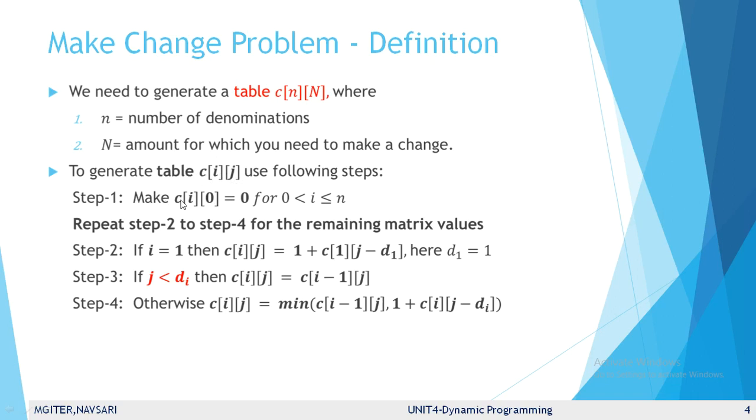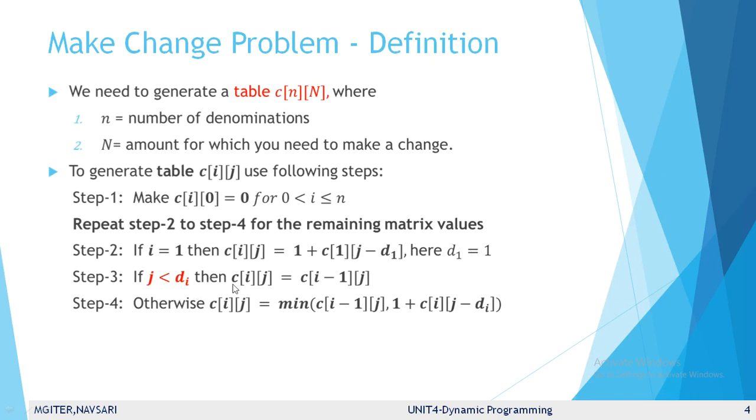Step 1 is to make C of i, 0: for any value of i, if j is equal to 0, then put 0, where 0 is less than or equal to i, which is less than or equal to n. Now we repeat steps 2 to 4. If i equals 1, then C of i, j is equal to 1 plus C of 1, j minus d1, for denomination equal to 1.